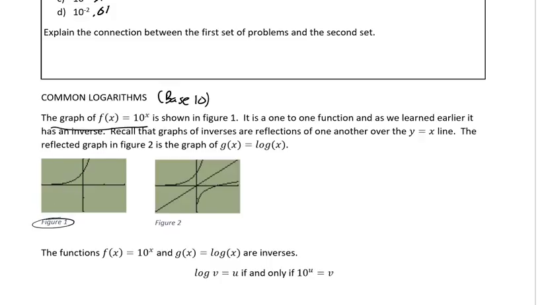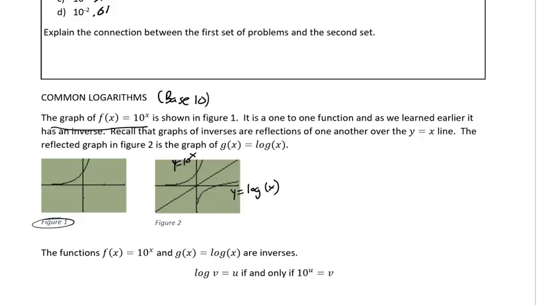It's a one-to-one function, so it has an inverse. Remember with inverses, we reflect them over the y equals x line. This is y equals 10 to the x. The inverse of that is y equals the log of x, log base 10 of x. And as with all inverses, they're reflections over the y equals x line.